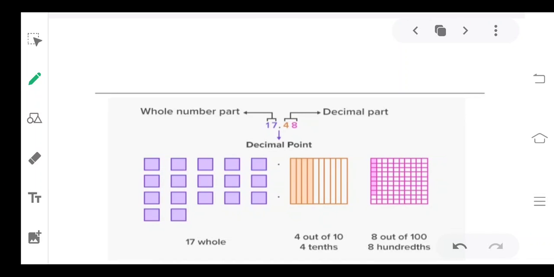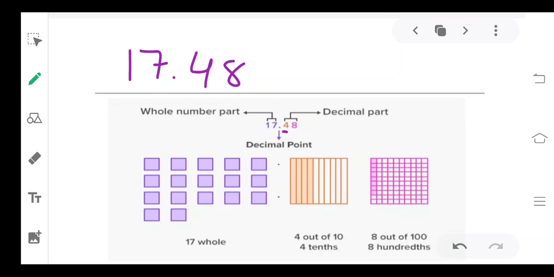In this picture you can see that the number 17.48 is given, where 17 is known as the whole part, or integral part. The decimal part starts after the point, which is known as the decimal point. 4 out of 10 is read as 4 tenths, and 8 upon 100 is 8 hundredths.